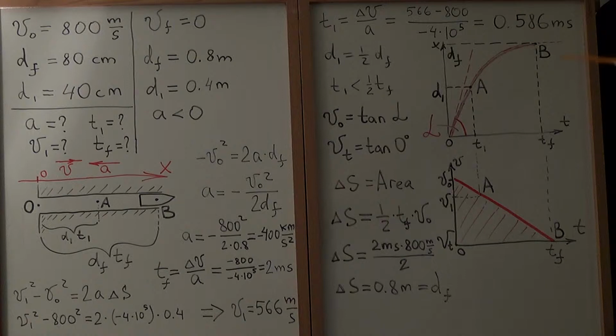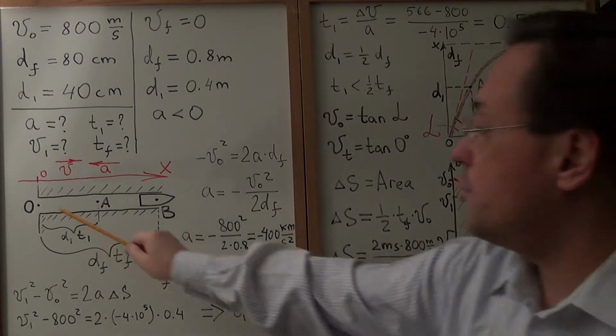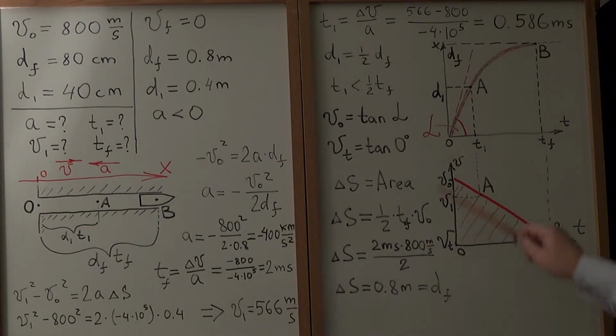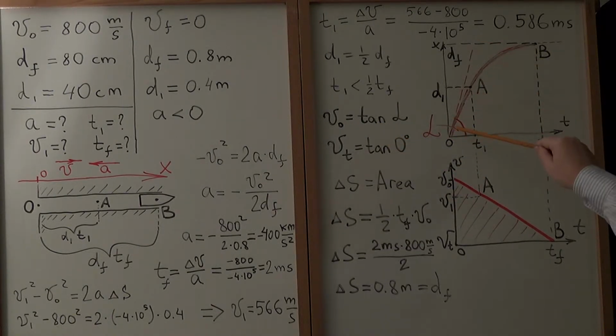Graphs. Change of coordinate, function of time, velocity, function of time. On this graph we see that at the initial point O, we have initial velocity is a tangent of the angle of inclination of the graph to the horizontal axis of time.